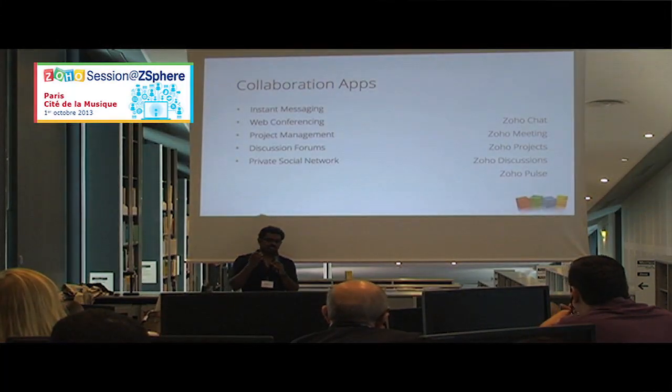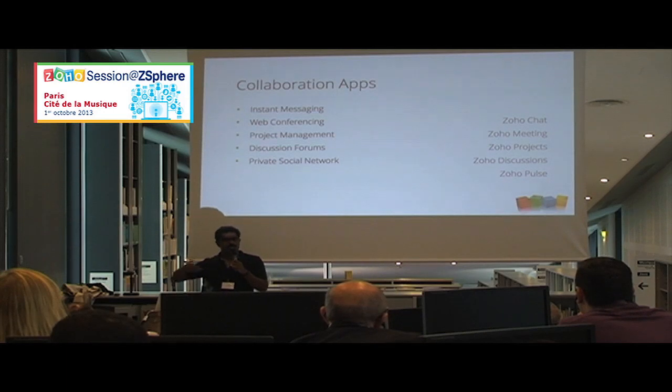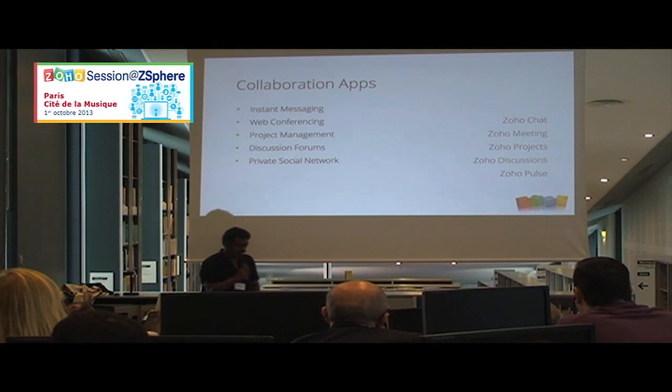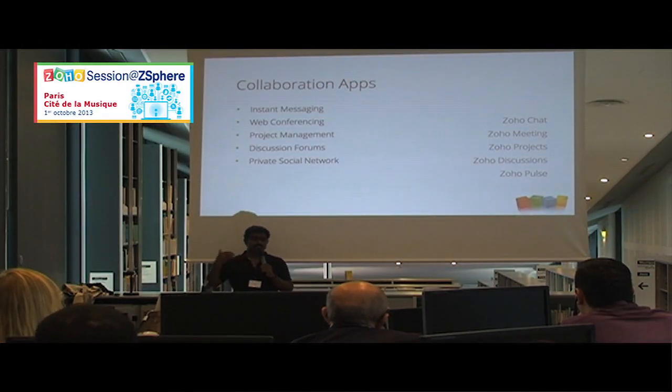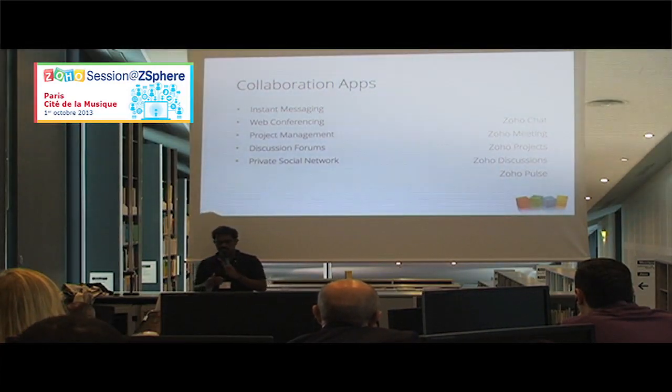Zoho offers a chat system where you can communicate with all users across these IM networks. Again, collaboration. We also have something called web conferencing, where you can start meetings and share your desktop with other users. Again, another collaboration tool that you need to run your business.